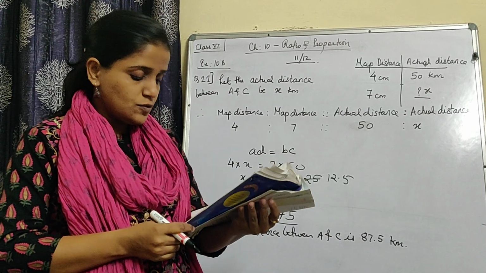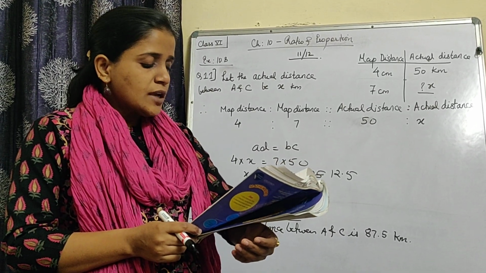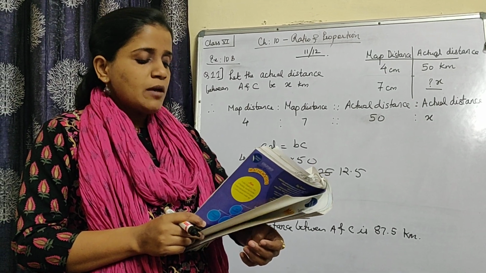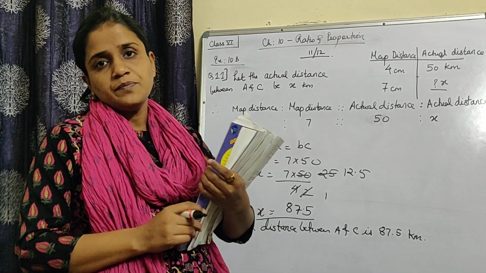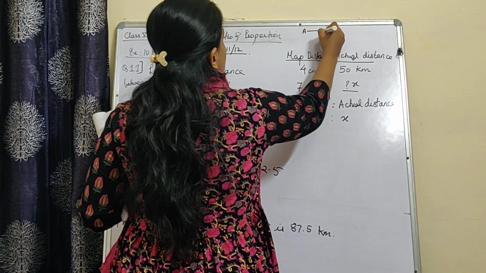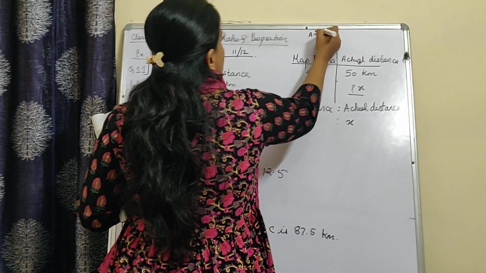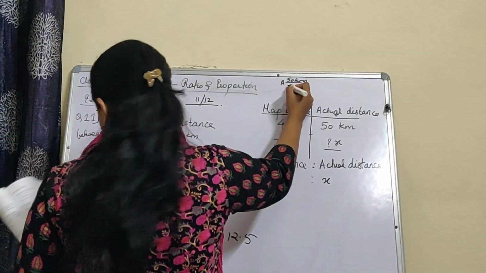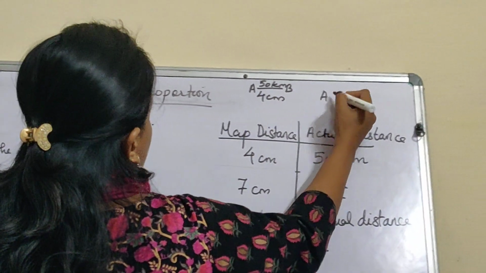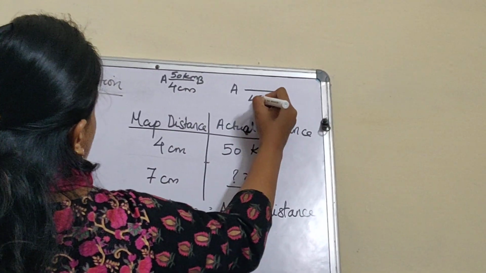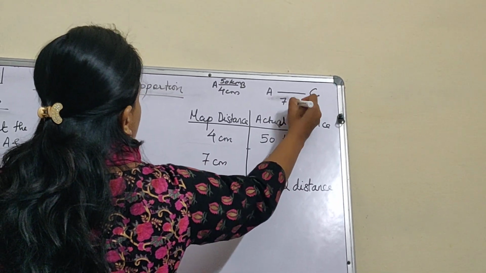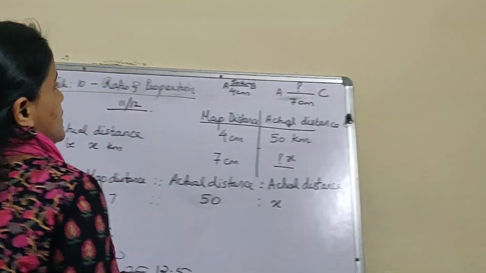4 centimeters. What will be the actual distance between A and C represented on the map as 7 centimeters? The actual distance between A and B is 50 kilometers. It is represented by how much, children? 4 centimeters. So they are asking, if the map distance between other two places A and C is 7 centimeters, how much is the actual distance?